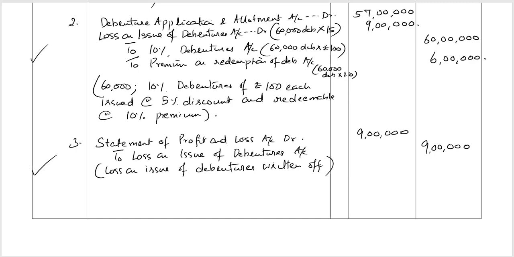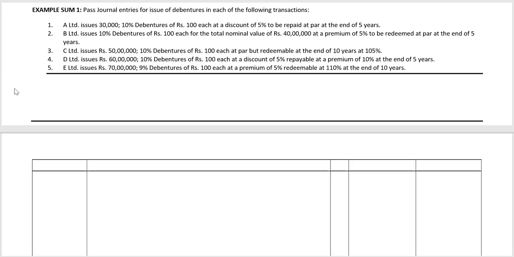We'll move on to case 5. Case 5 says E Limited issues rupees 70 lakh 9% debentures of rupees 100 each at a premium of 5%, redeemable at 110% at the end of 10 years.